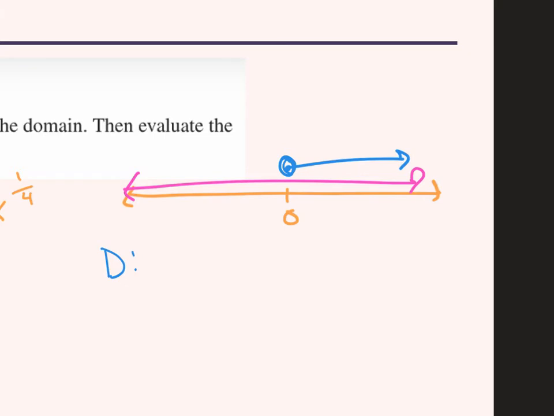So we would put a parenthesis here instead of a bracket, because remember, a bracket means that it is included, parentheses means that it's not included. So we would put from 0 to what? Infinity.